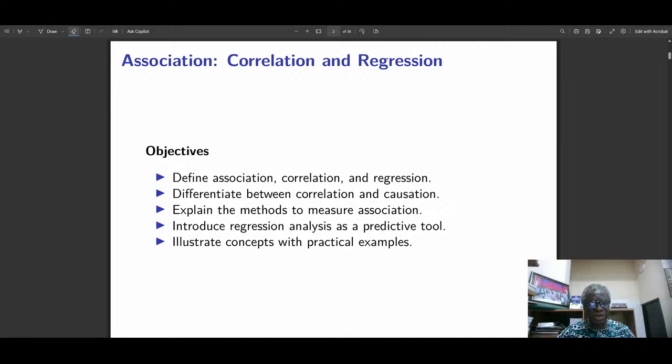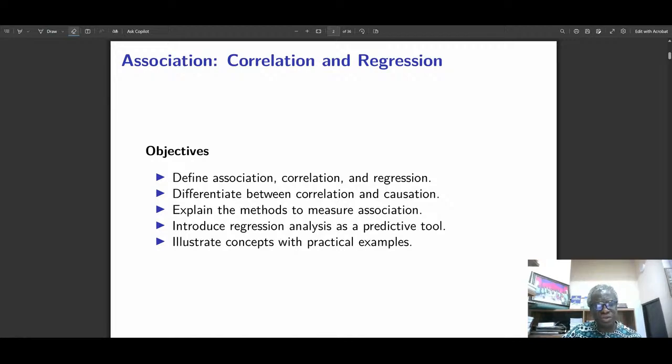We are going to learn about methods used to measure relationship, and we are going to understand how to model such relationships and use the model to predict.